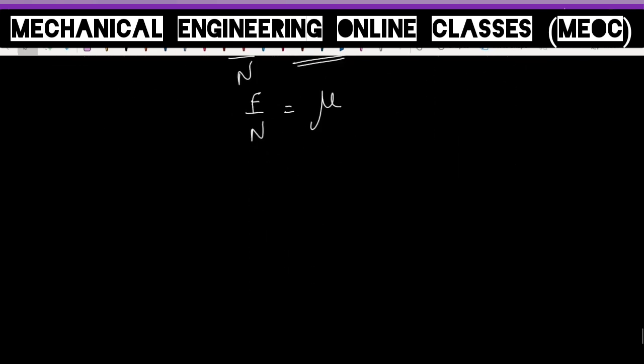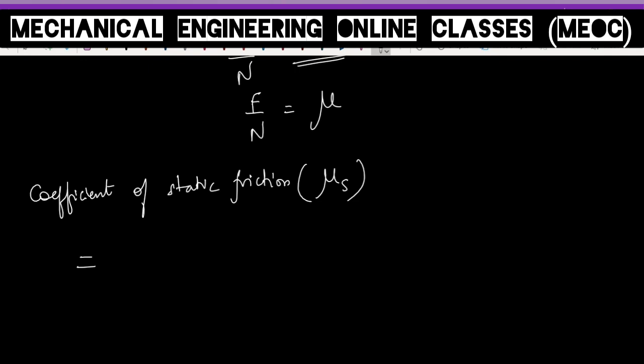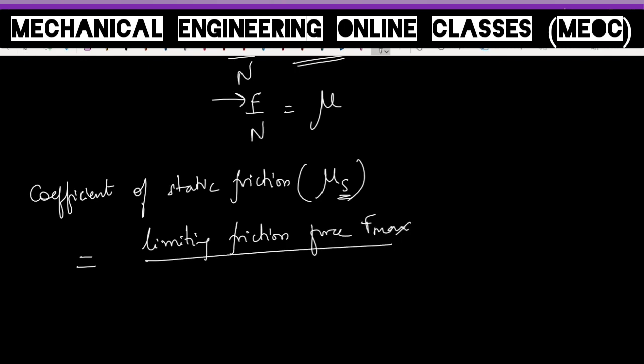In case we want to find the coefficient of static friction, which is denoted as mu s, S for static. Coefficient of static friction is a ratio of not just friction, but of limiting frictional force, meaning the maximum friction that it can be, F max, divided by the normal reaction. This ratio of limiting frictional force, F max, to normal reaction is mu s, the coefficient of static friction.